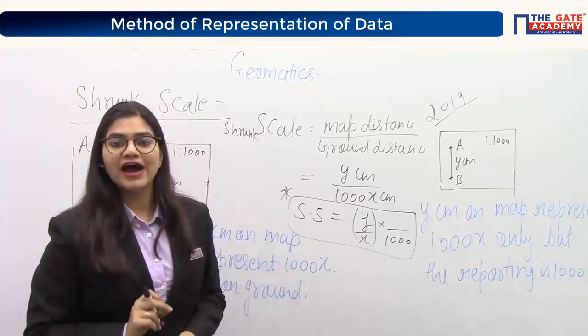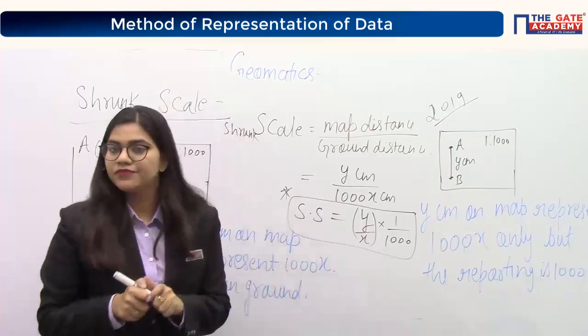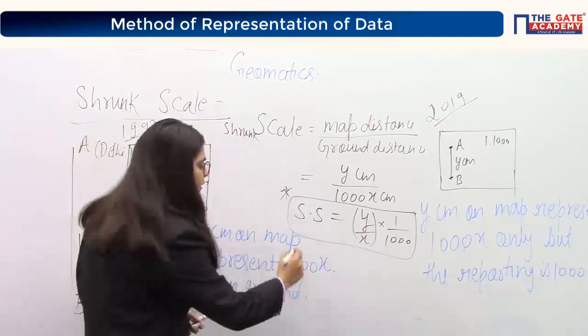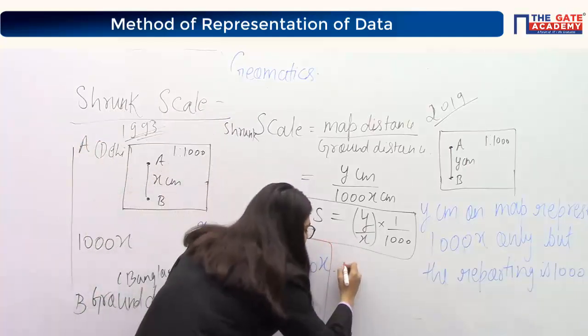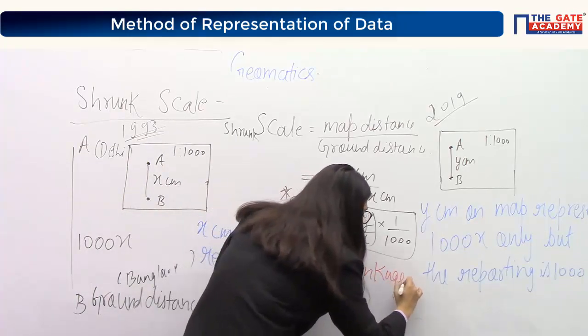Now one more factor they represent, that is your shrinkage factor. I have little less space, so I'm just changing the pen. This is shrinkage factor.